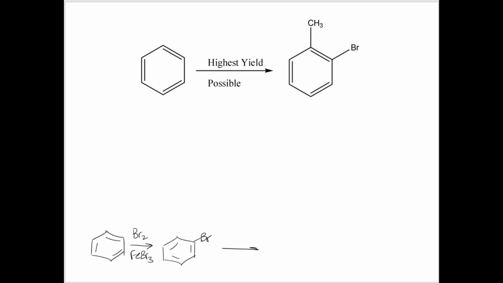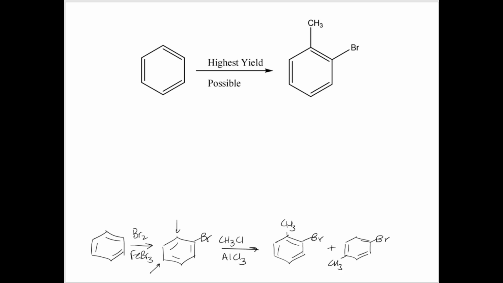Then if you said, well, why don't we just use methyl chloride with aluminum trichloride and do a Friedel-Crafts alkylation, the problem is that we would alkylate at both the ortho and the para positions. So we would make our desired product, but we would also make the para product.